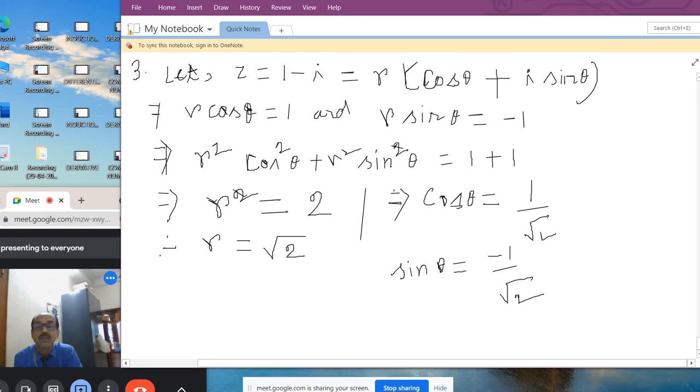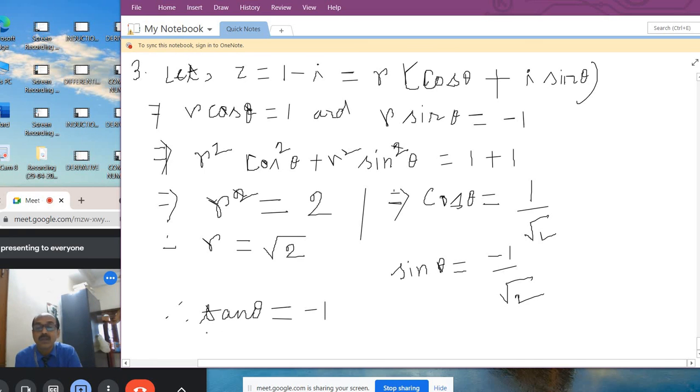Okay, so sin by cos is tan, therefore tan theta equal to minus 1 by root 2 divided by 1 by root 2. Root 2 cancels, it is minus 1. And tan theta equal to minus 1.